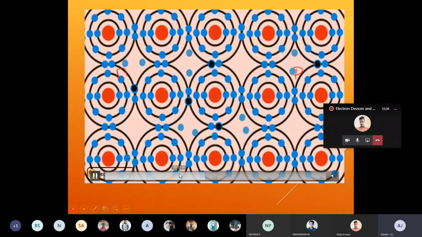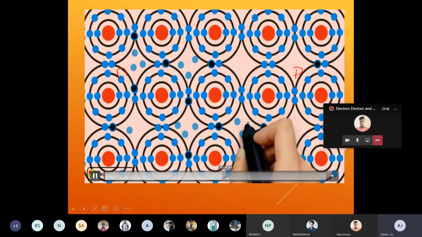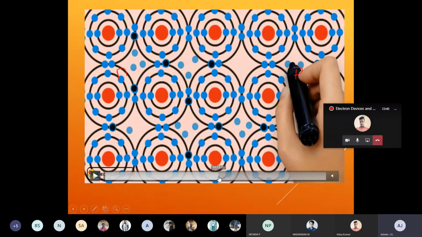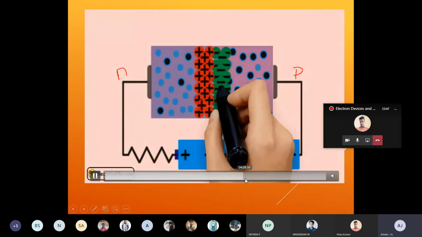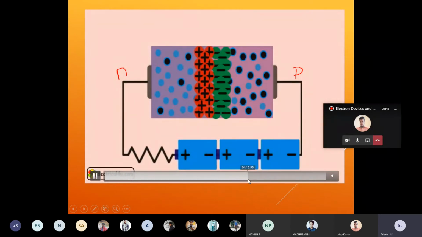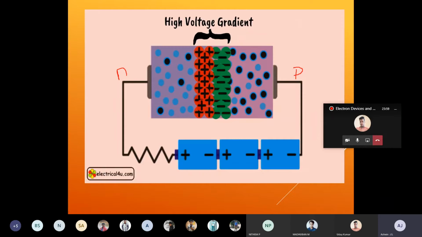And if you go to the other breakdown, this is the Zener they are explaining. The Zener has a depletion layer with more immobile ions, because of the huge concentration of impurities.